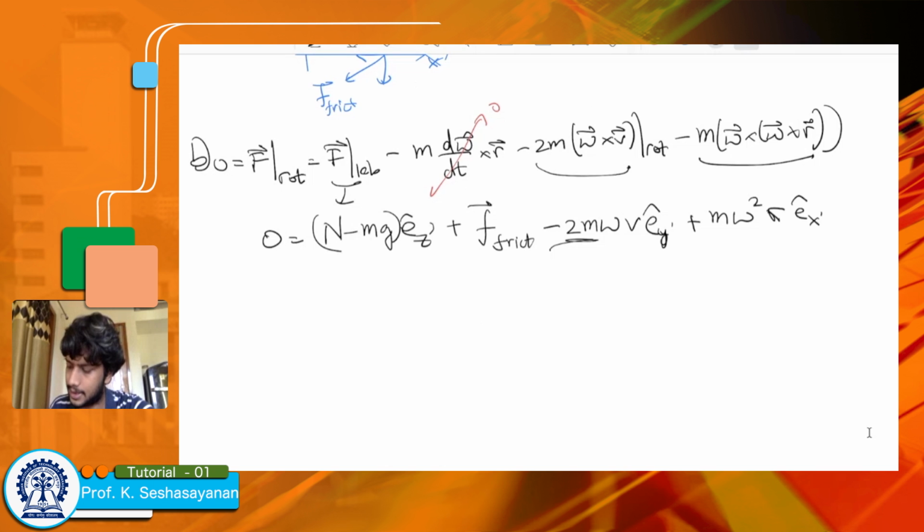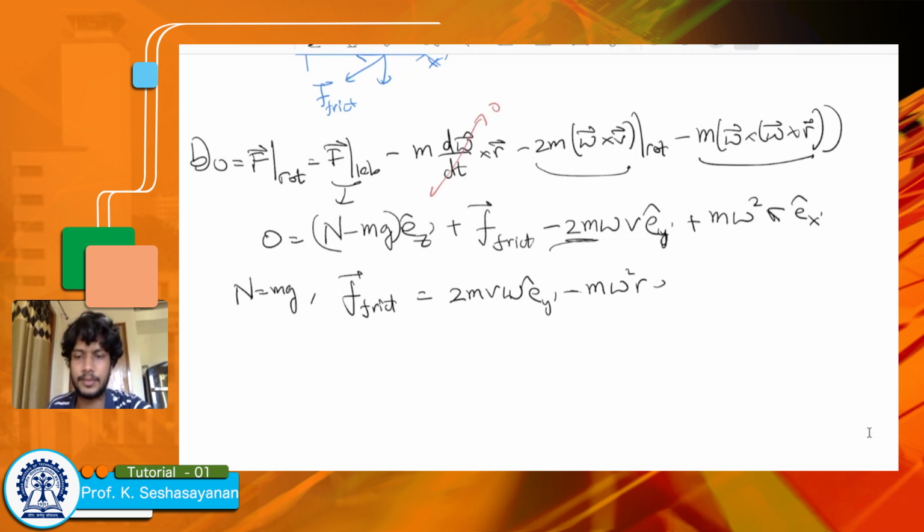So again, along the z prime direction, we just have n equal to ng, and we get the frictional force to be equal to 2m v omega ey prime hat minus m omega square r ex prime hat.